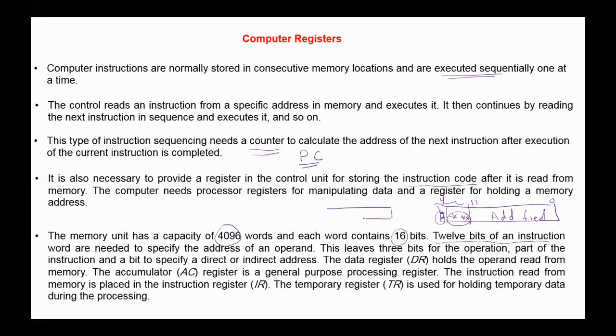After reading the instruction from memory, we place it in a register called the instruction register, and the size of this register is 16 bits. There is another register used to hold the operand: the data register holds the operand read from memory. The temporary register is used for holding temporary data during the processing.